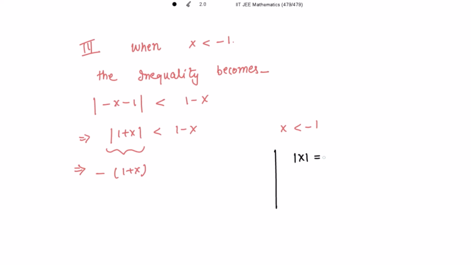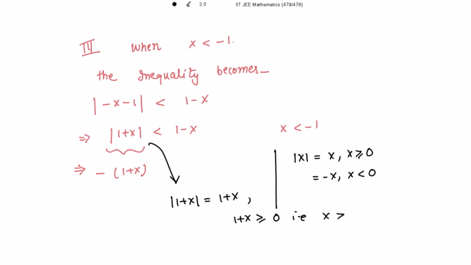See, mod of x is equal to x for x greater than equal to 0 and is equal to negative x for x strictly less than 0. Here we have mod of 1 plus x. So this should be 1 plus x for 1 plus x greater than equal to 0, that is if x is greater than equal to negative 1, and is equal to negative of 1 plus x for 1 plus x strictly less than 0, that is for x strictly less than negative 1.